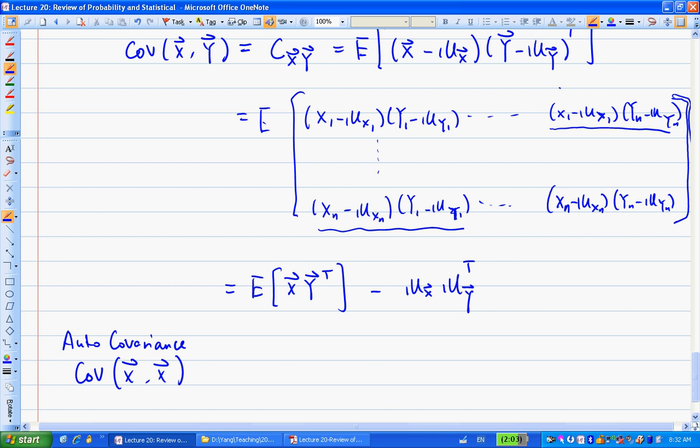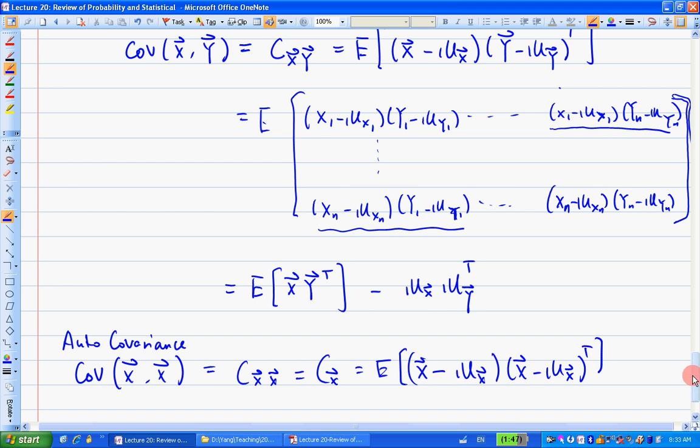So in terms of the matrix expression here, let's use Cxx, or just one single x sometimes if it's an auto one, and that equals E of (x minus mu x)(x minus mu x) transpose. Then for this matrix here, you just have to replace all the y's with x.